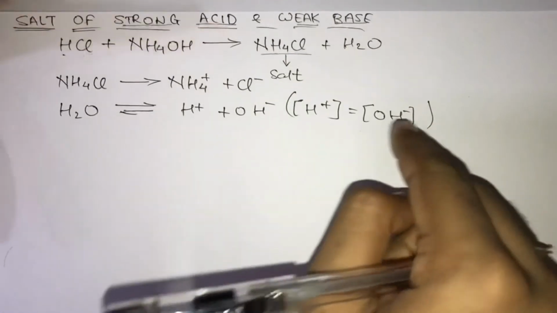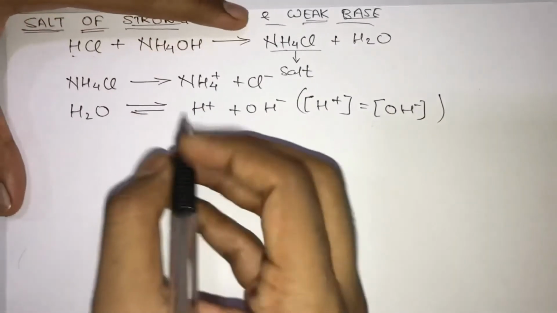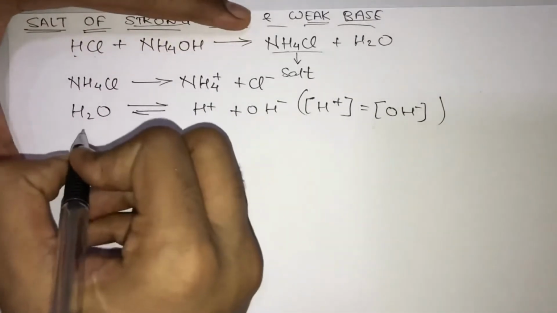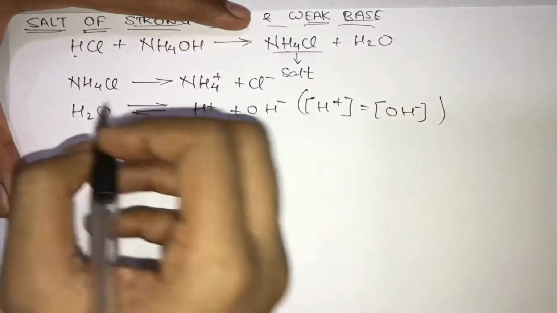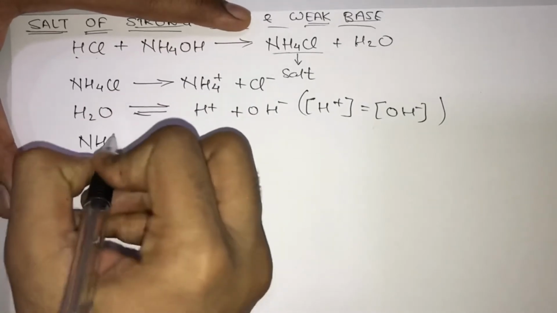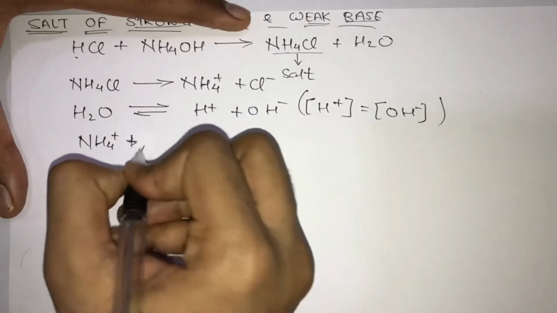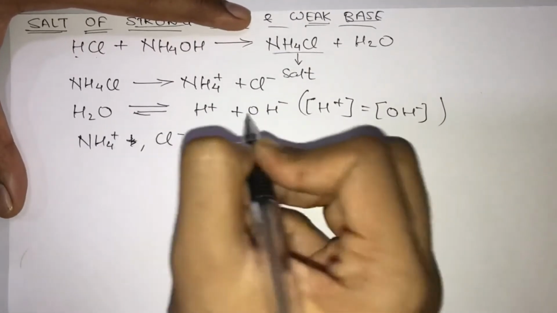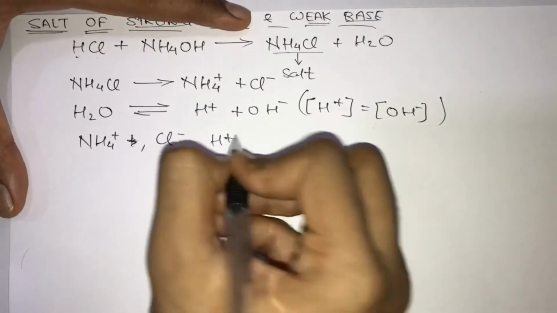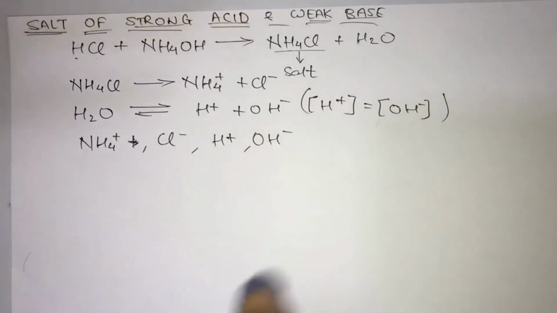Now here can I say that there are 4 ions present. Which are those 4 ions? NH4 plus, Cl minus, H plus and OH minus. So these are the 4 ions that are present.